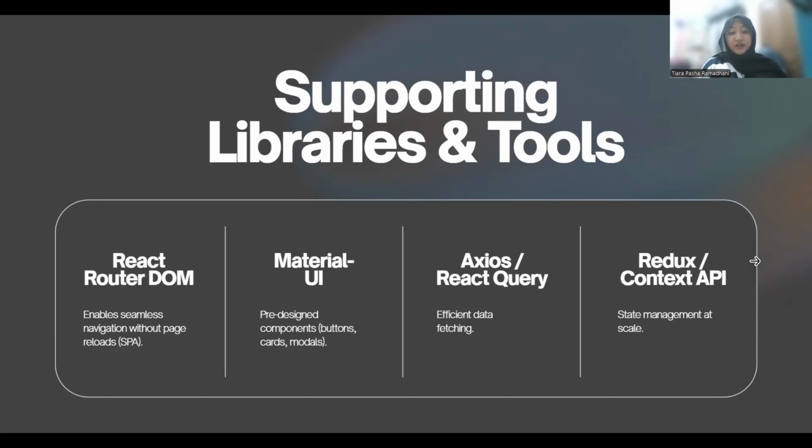And for large apps, you can use Redux or the Context API, which can help manage state across many components. And these tools don't just save you time, they represent collective knowledge and best practices from thousands of developers.